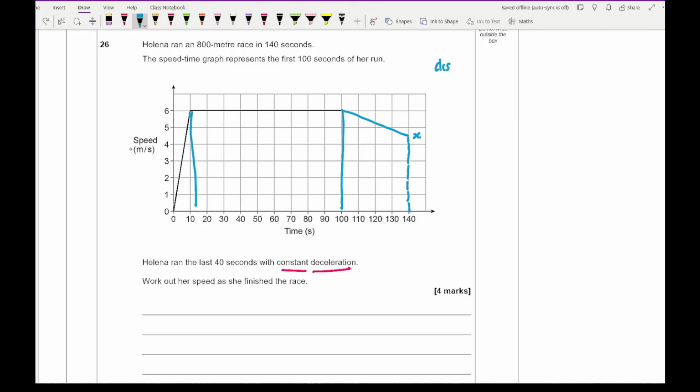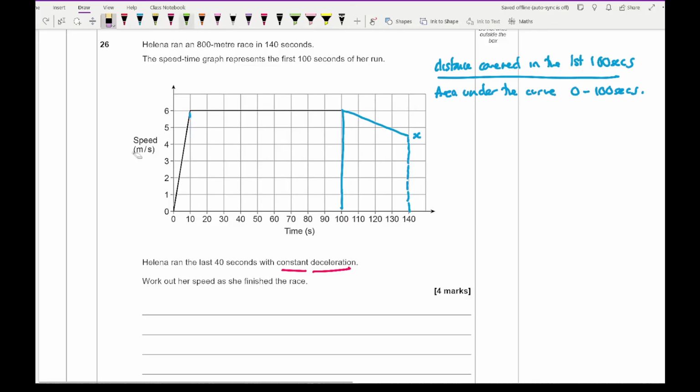So the distance covered in the first 100 seconds is the area under the curve between 0 and 100 seconds. So if I get rid of that wonky line, because that helps no one, I want to work out the area of this bit, A, and the area of B. So that's the area of A plus the area of B.